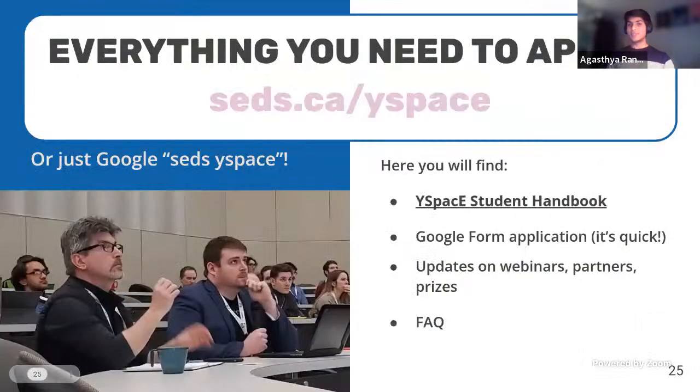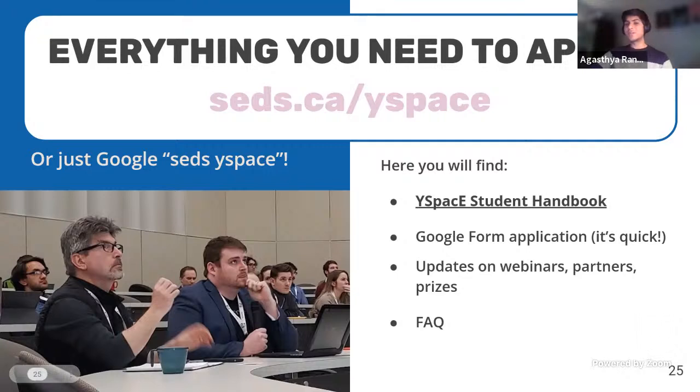So everything you need to know about YSpacE is on the seds.ca/YSpacE webpage. You will find our student handbook there, as well as the application form. The handbook goes over all the details related to the competition, how to sign up, what the deadlines and the timeline of the competition look like, and what your commitment would be to the competition, as well as more details about the structure of the competition and how it will be run.